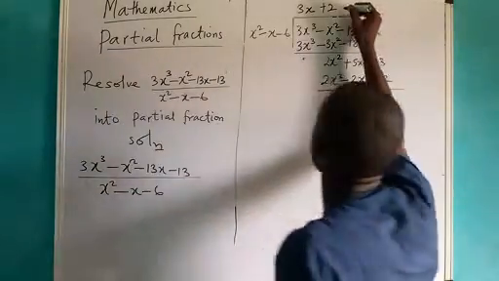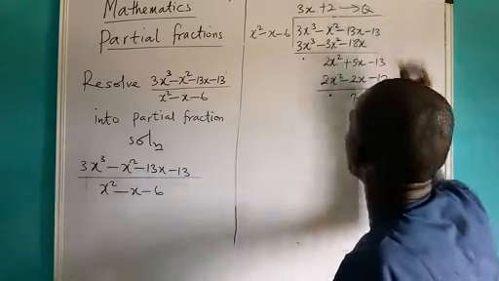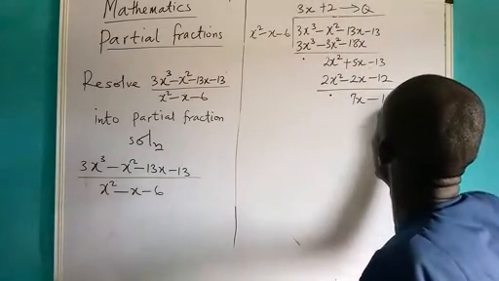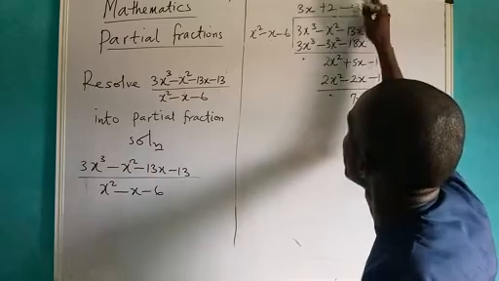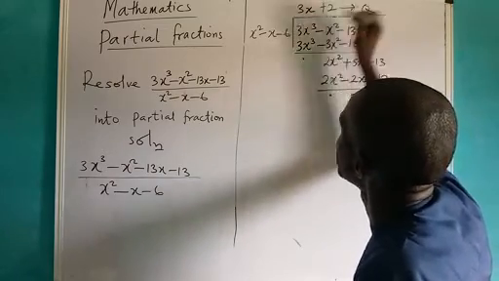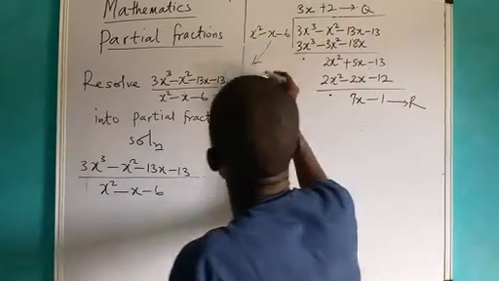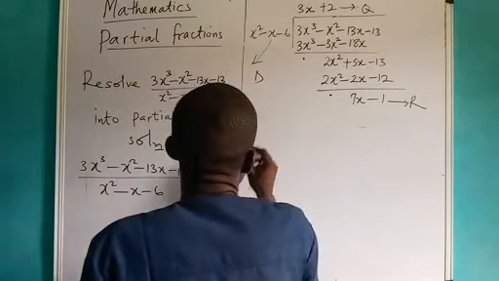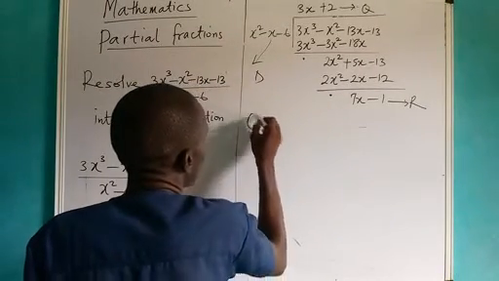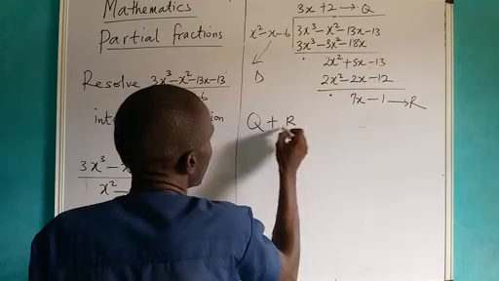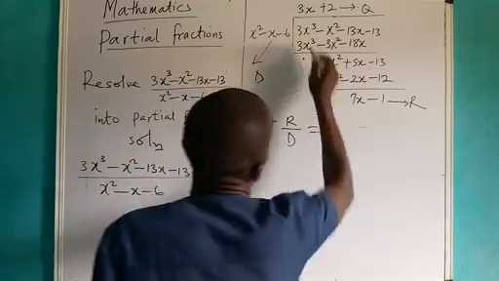Remember I told you here is the quotient, here is the remainder, while here is the divisor. Please don't forget here is the divisor. I'm using Q plus R over D.